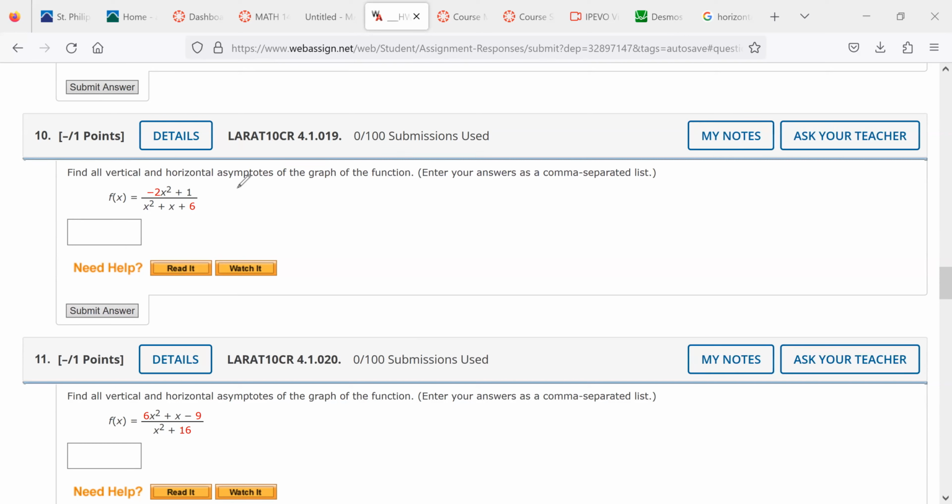For vertical, set the denominator to 0. Find out when the division by 0 happens. Does this factor nicely? Yeah, it should be 3 and 2.